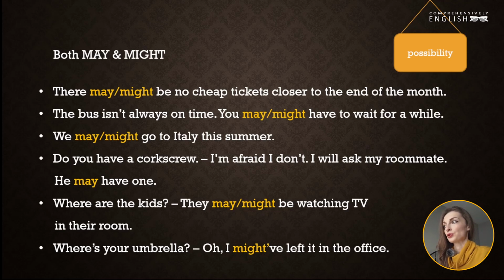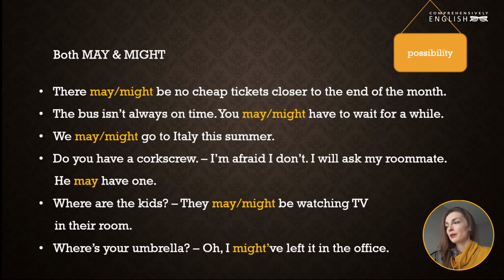Do you have a corkscrew? I'm afraid I don't. I will ask my roommate, he may have one. Where are the kids? They may or might be watching TV in their room. Where is your umbrella? Oh, I might have left it in the office. All these sentences express possibility.